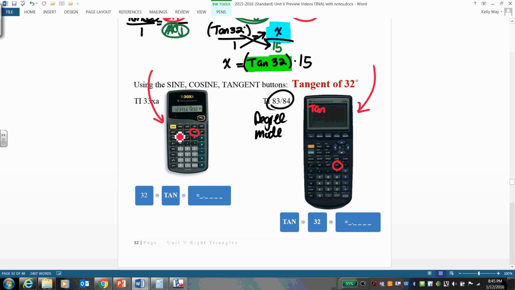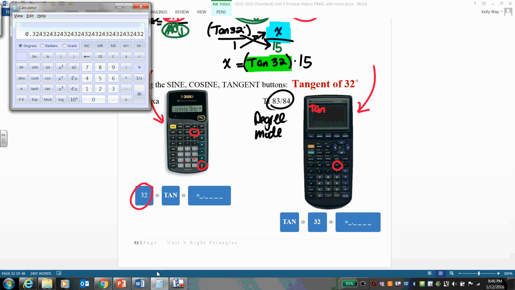Ready? To find the tangent of 32 on this left calculator, you're going to put in 32, then touch the tangent button and equals. So 32, tangent, equals. That's the direction my calculator or my computer goes. Watch. 32, tangent.